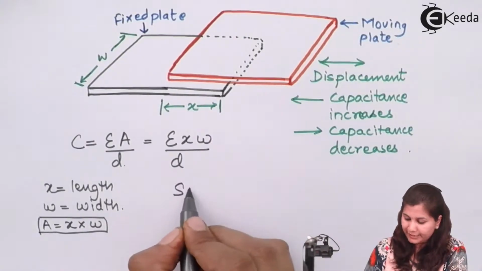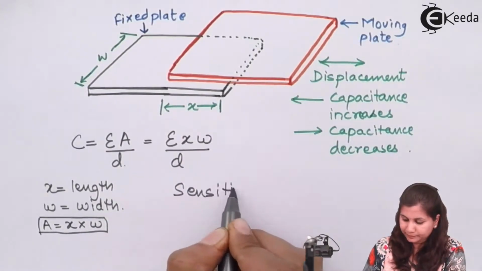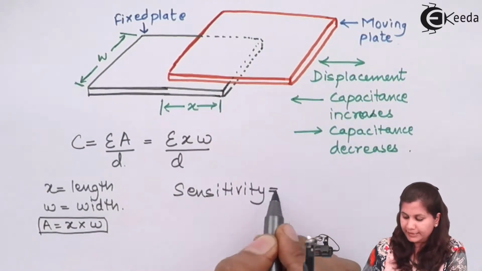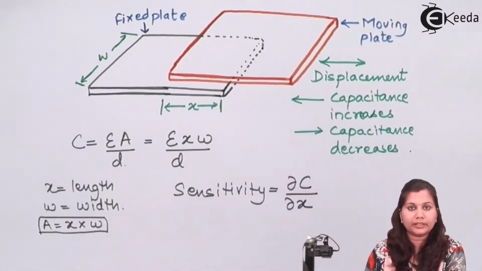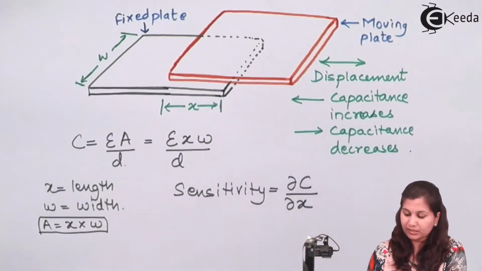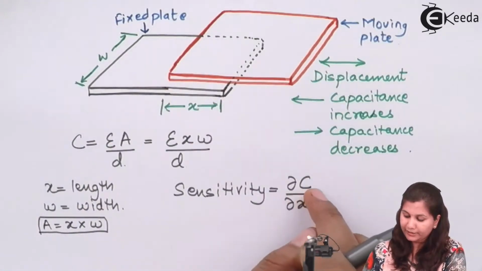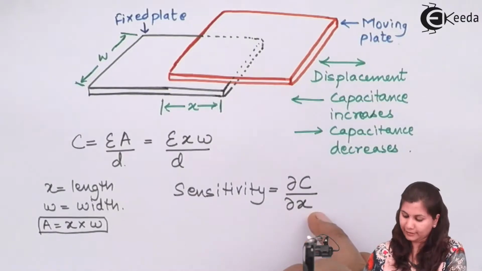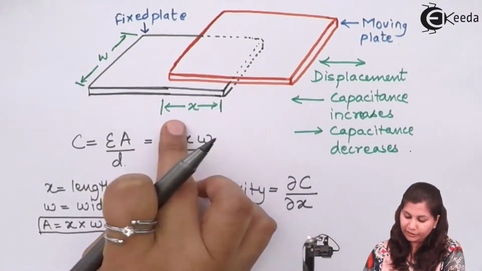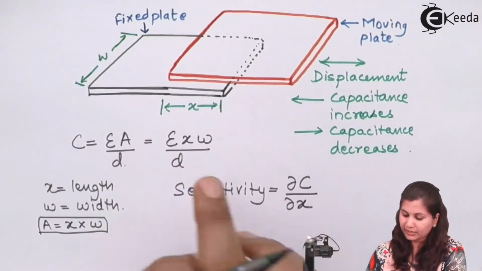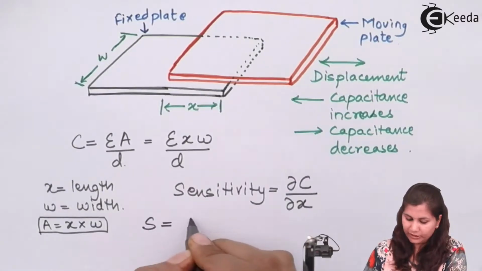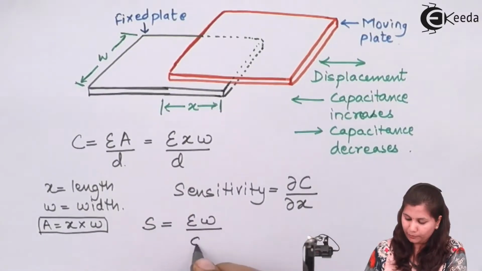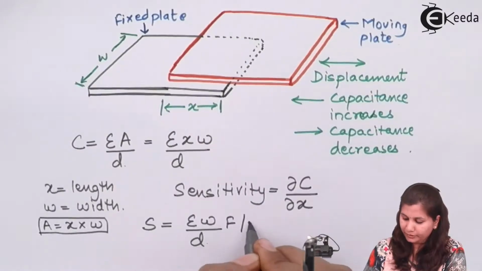Now if we define sensitivity, sensitivity is the output upon the input. Input is changing, meaning the displacement which we have caused, the length is changing here. So del C upon del X. Differentiating C with respect to X, we get epsilon W upon D. So sensitivity is equal to epsilon W upon D farads per meter.